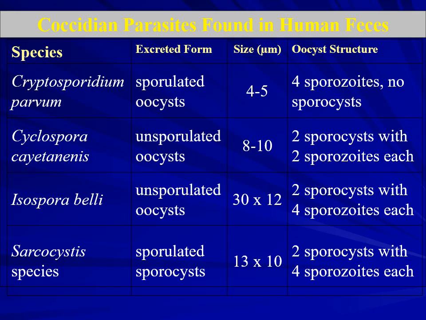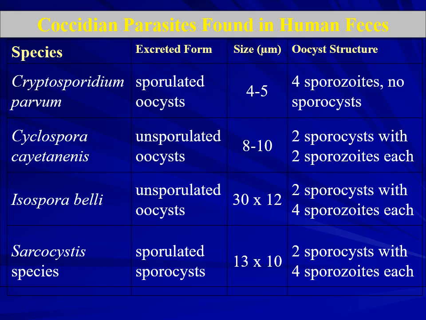For Cyclospora and Isospora belli, the oocysts liberated in the feces of an infected patient are unsporulated and uninfective. This means that they have to spend a period of time in the outside environment until they sporulate. The mature sporulated oocyst of Cyclospora contains two sporocysts with two sporozoites each, while that of Isospora belli contains two sporocysts with four sporozoites each.